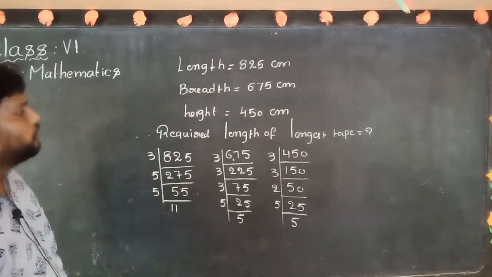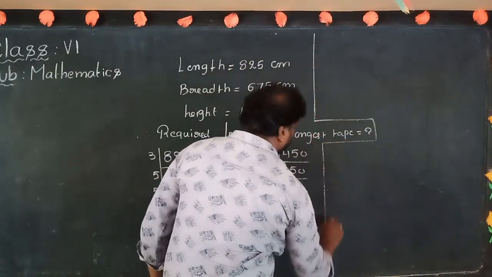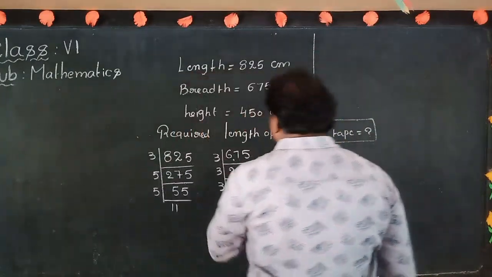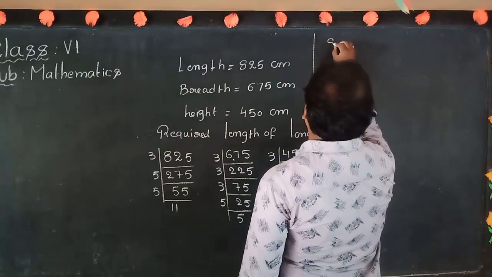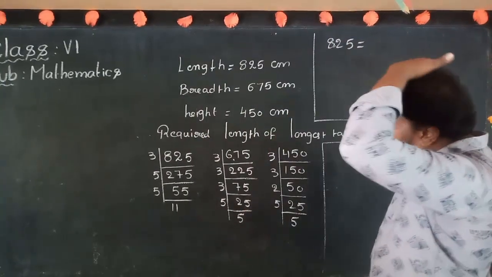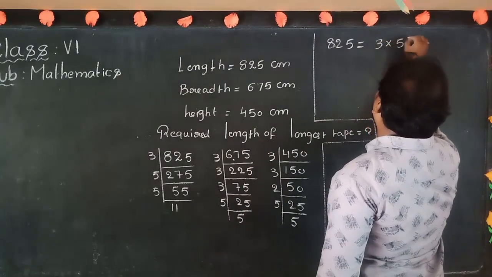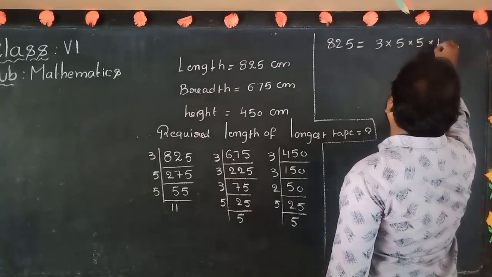Then we have to find. 825 is equal to 3 into 5 into 5 into 11.